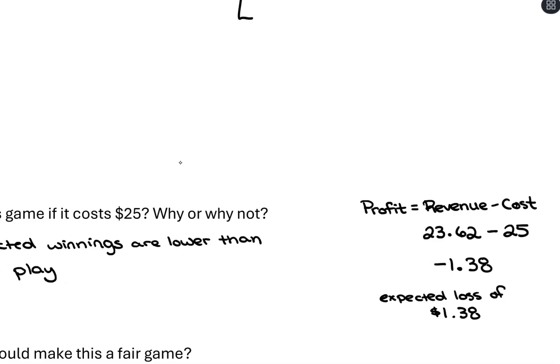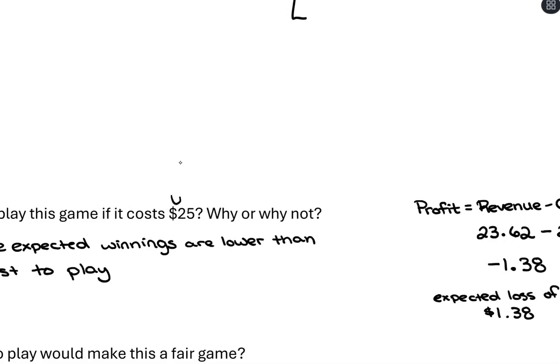So with that, this would be considered an unfair game. It's unfair because it's rigged for the house to be making money off of you, which is how a lot of games in the real world work. That's what I wanted to emphasize with this example: they have these expected values, these expected winnings for a player, and with that, they can choose a cost that seems like it would be good.